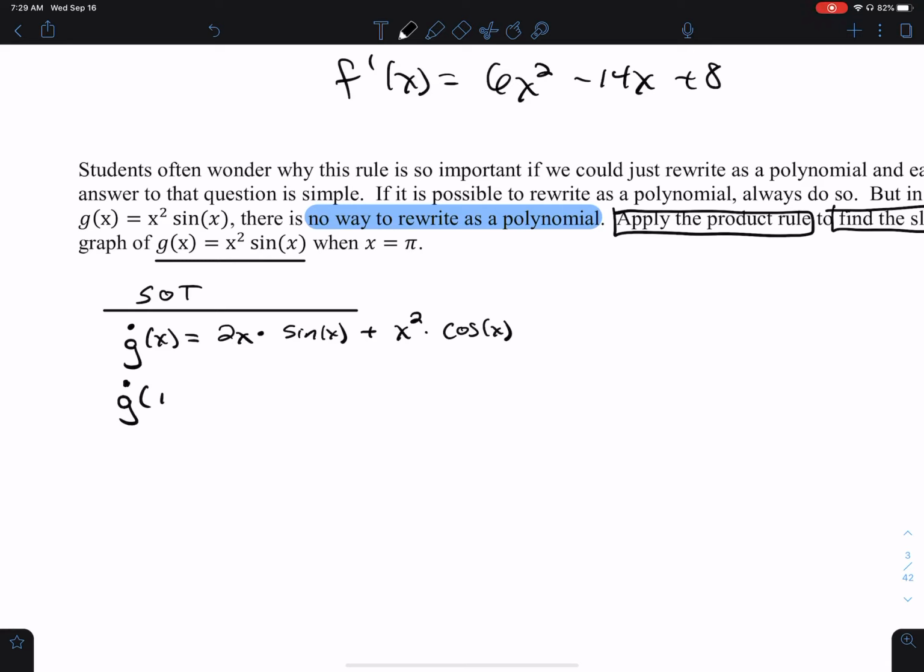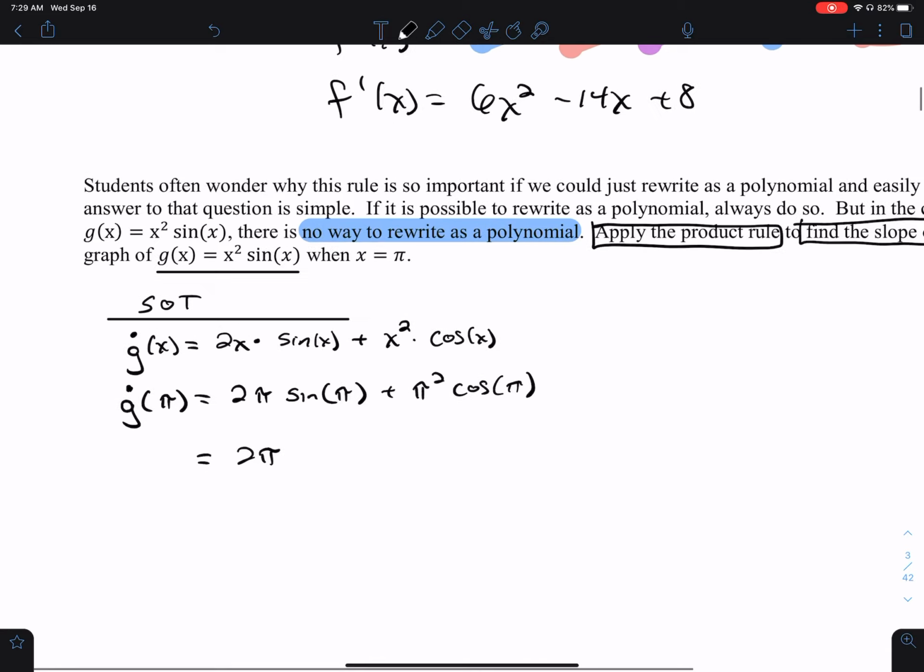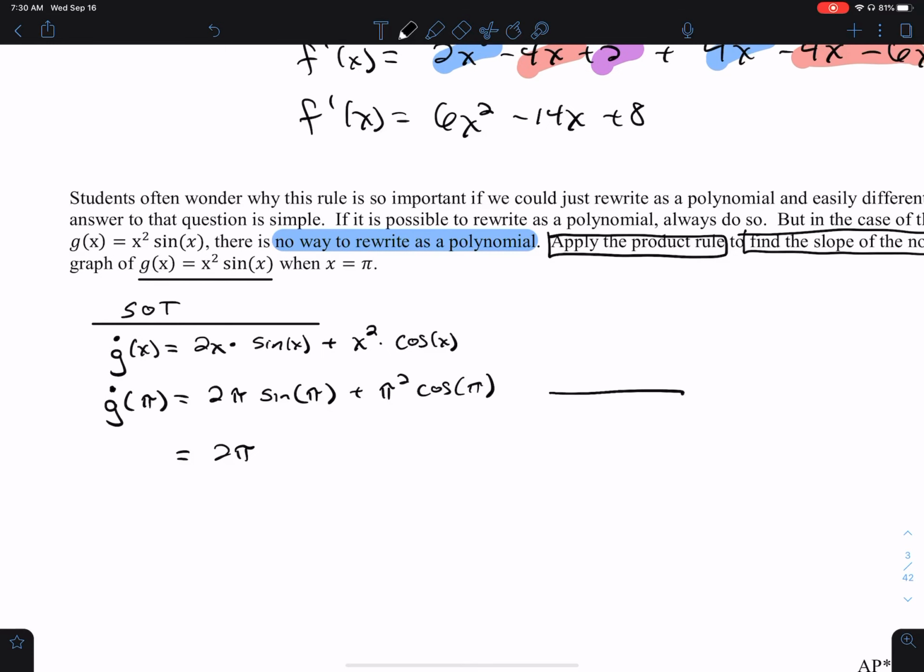So g dot of pi, that's going to be 2 times pi times sine of pi plus pi squared times cosine of pi. Just a quick review. Pi is on the negative x-axis. That'll be over here. Over here, we would say x is -1, y is 0, and r is 1.